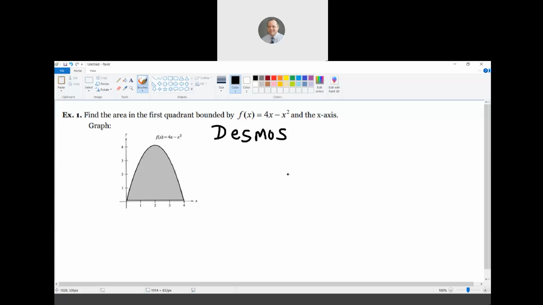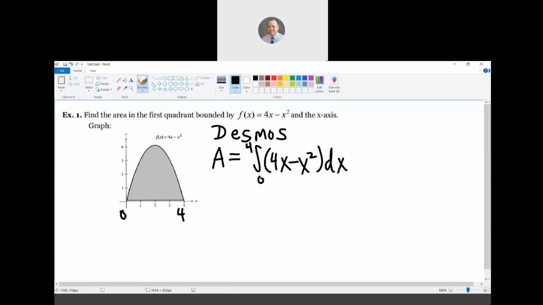So our interval goes from 0 to 4. So let's set up our formula. We're going from 0 to 4 of f of x, which is 4x minus x squared dx.